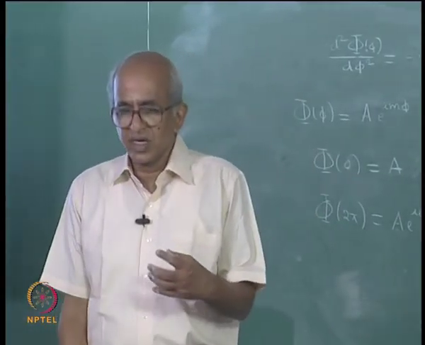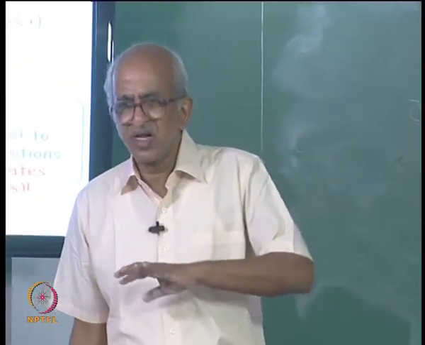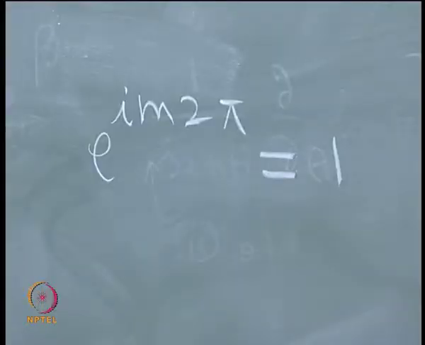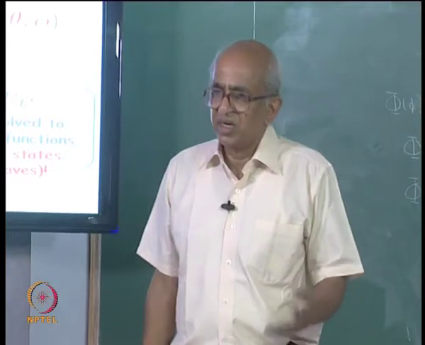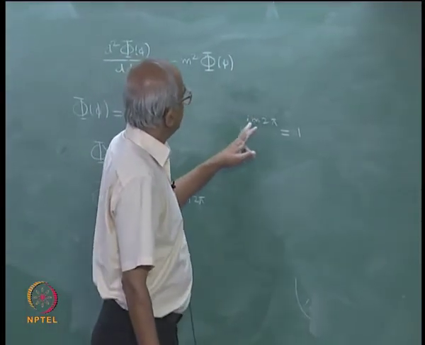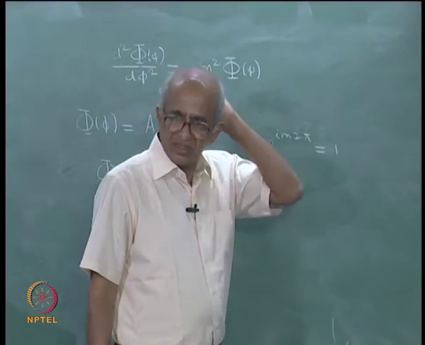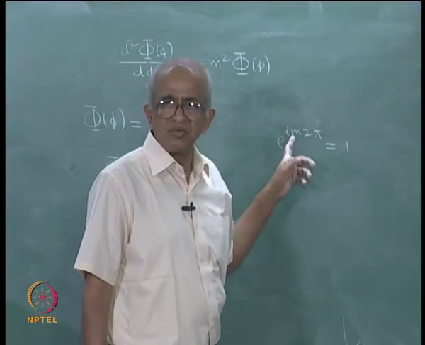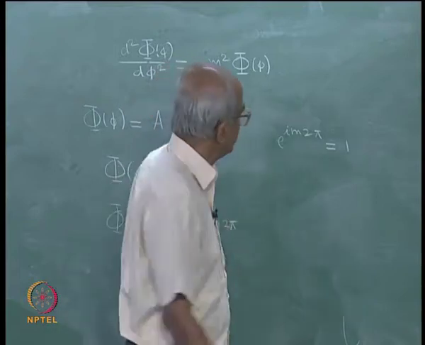So, therefore, you realize that this m is not arbitrary, m cannot have any value. I mean, we introduced it as a constant, we did not know what its value was, but now we realize that this m has to be such that e to the power of i m 2 pi must be 1. So, what are the different possible values of m which will satisfy this condition?